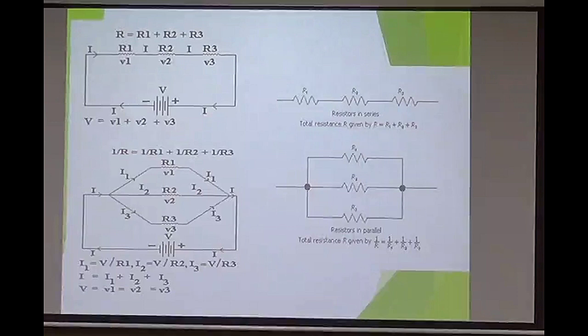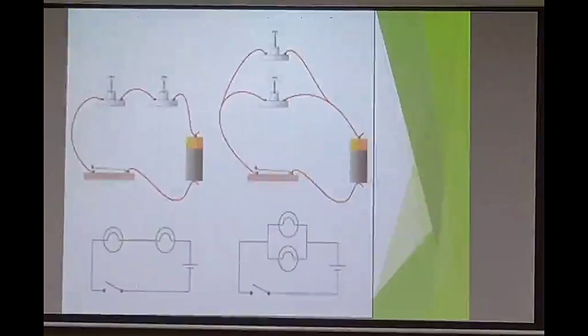What will happen if you compare a series circuit with a parallel circuit? In a series circuit, the net resistance will increase, while in a parallel circuit, the net resistance will get decreased. So, if you have two lamps connected in series, the net resistance of them will get added. But if you have two lamps which are connected in parallel, the net resistance will get reduced.